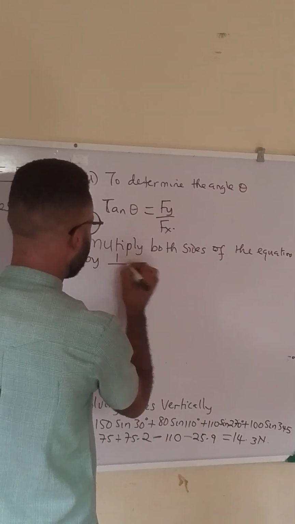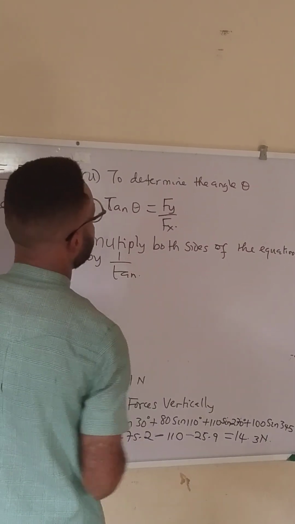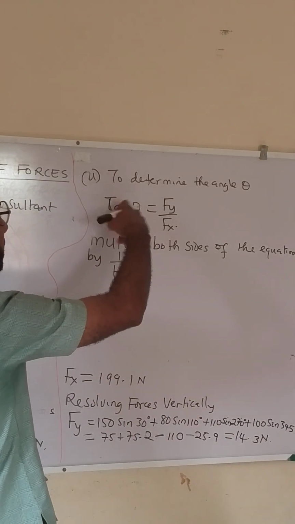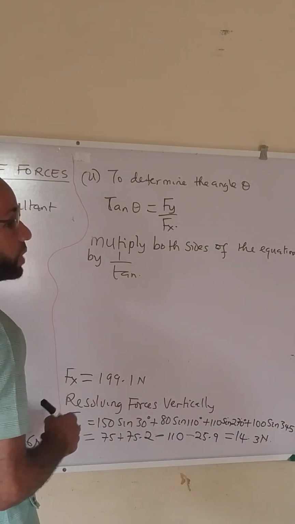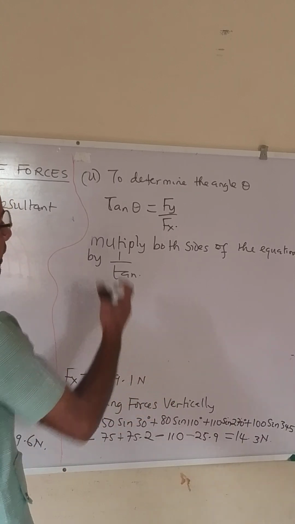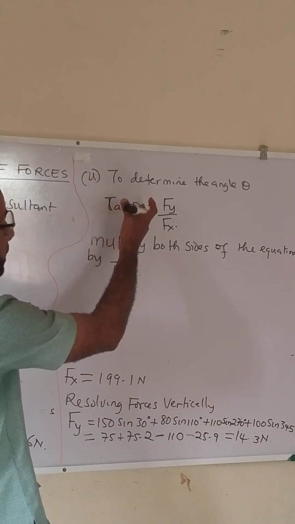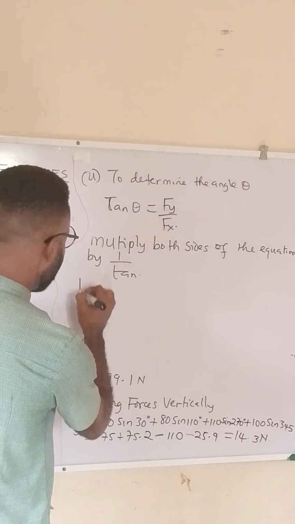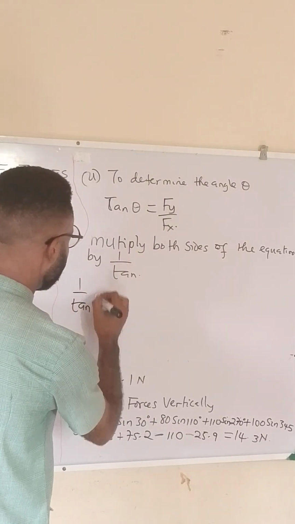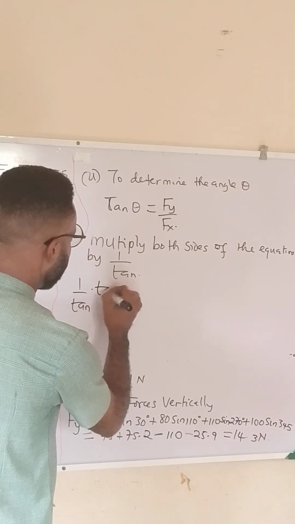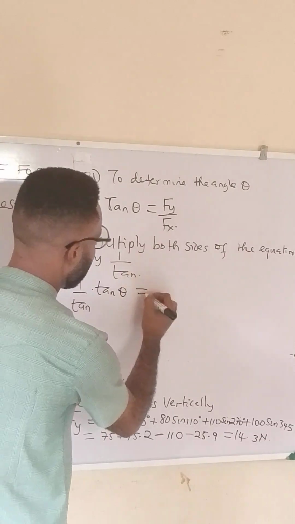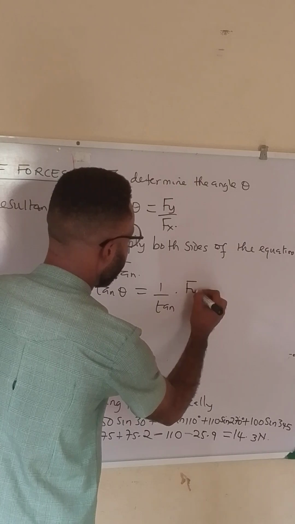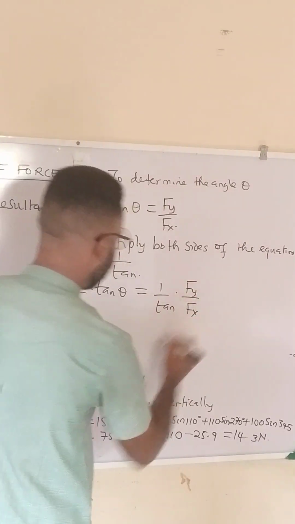The essence of doing this is to ensure that we eliminate tan here, since we are looking for theta. It's more or less making theta the subject of the formula. So if we implement this, we are going to have 1 over tan multiplied by tan theta equal to 1 over tan multiplied by Fy over Fx.